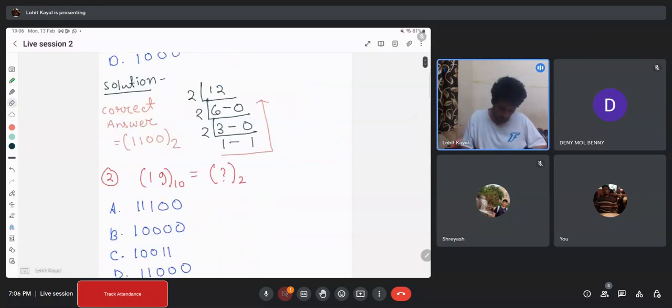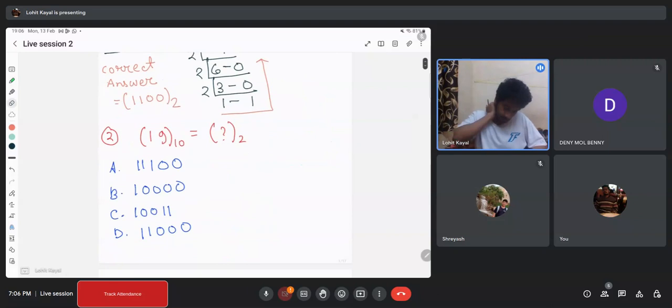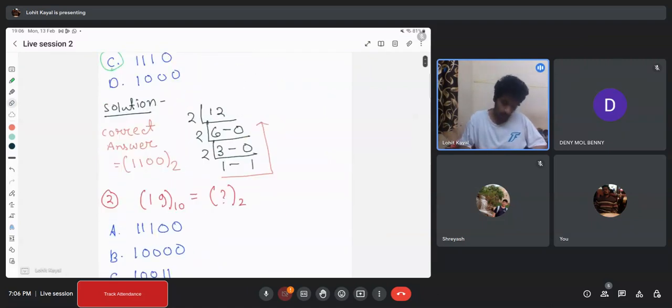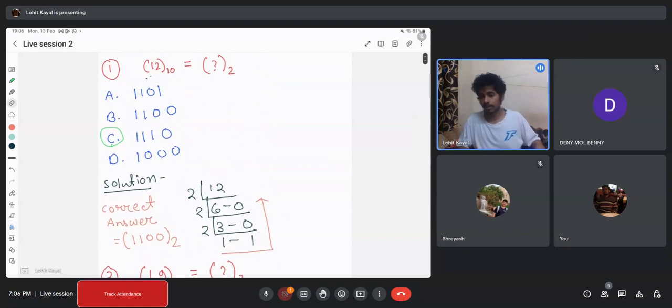Right. Now again it's a similar problem. This time we have to convert 19. But first, let's also do the opposite exercise, how to convert a binary number to a decimal number. Here 1100 is the correct solution. Now how to convert it to the decimal number? This is the trick.